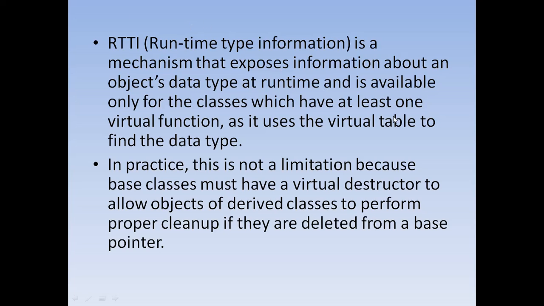RTTI is the runtime type information. That is, it is a mechanism that exposes information about an object's data type at runtime. It does so with the help of a virtual table, and we know that classes that have virtual functions are the only ones that have a virtual table, and that was the only reason that we needed a virtual function in the base class.